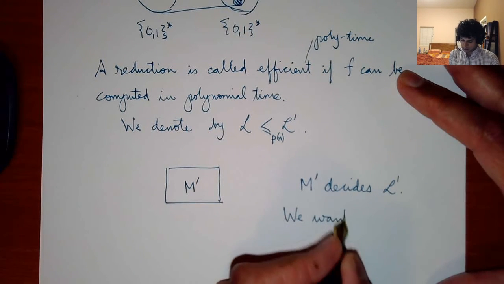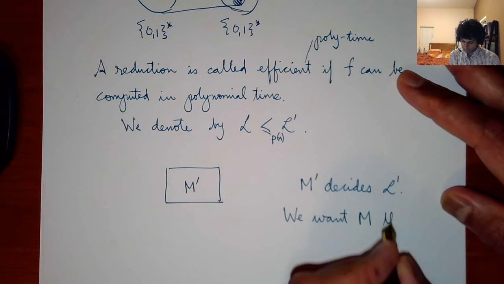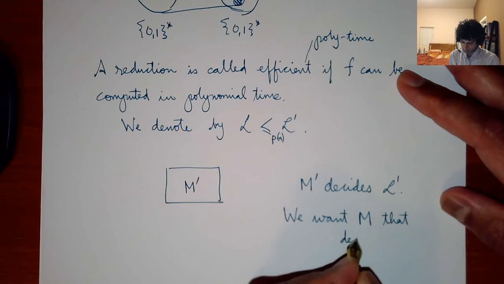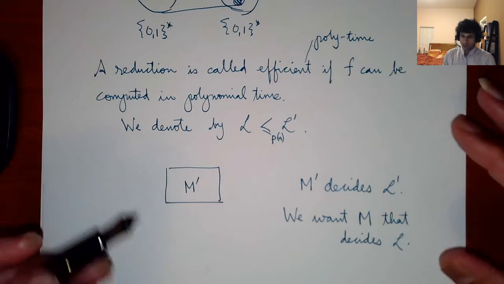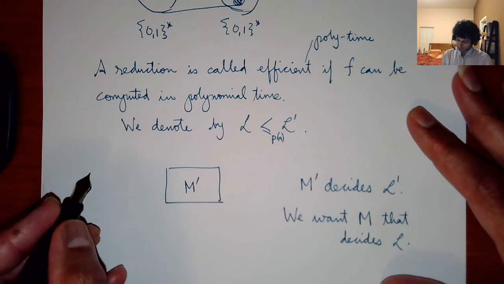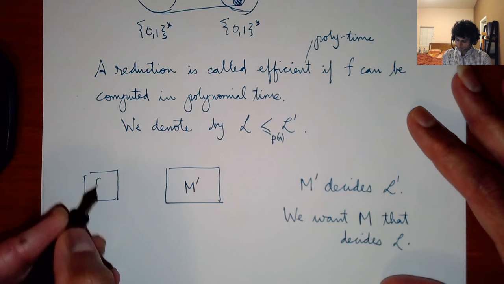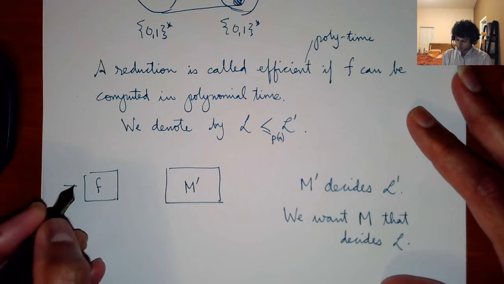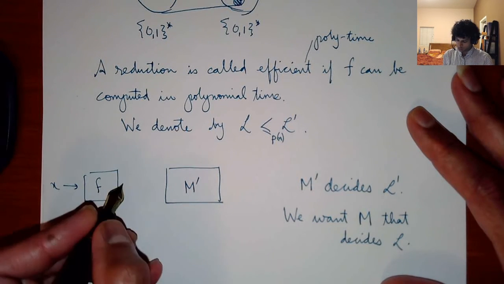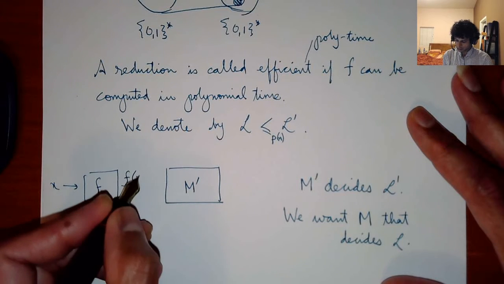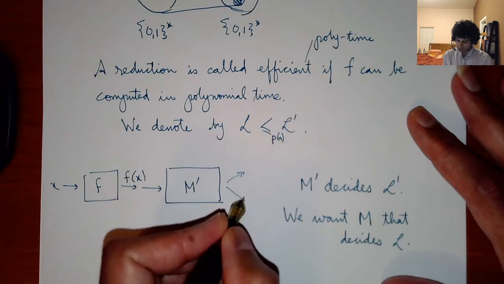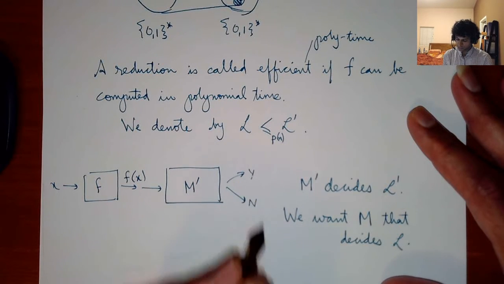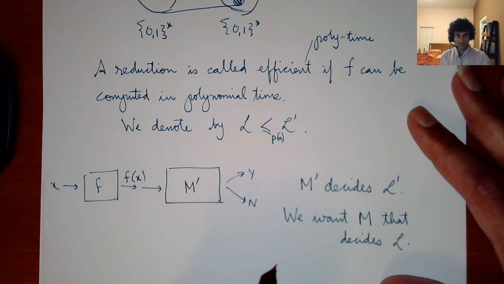We want M that decides L. So the mapping reduction says, here is your mapping reduction, which we call F. You take x, convert it to F of x, feed F of x into this machine and just output whatever it outputs, yes or no. This is a many-one reduction.